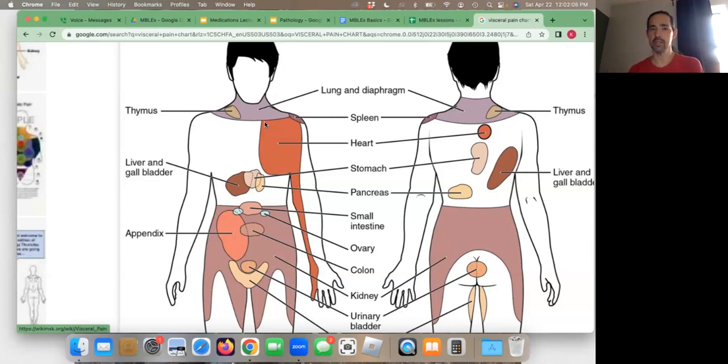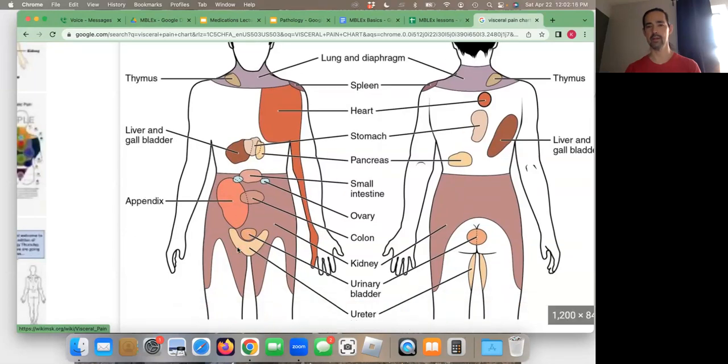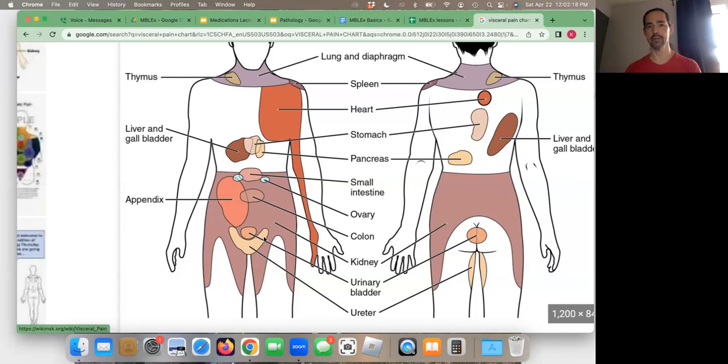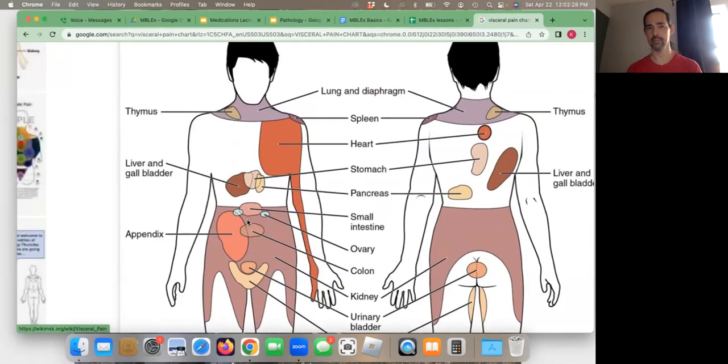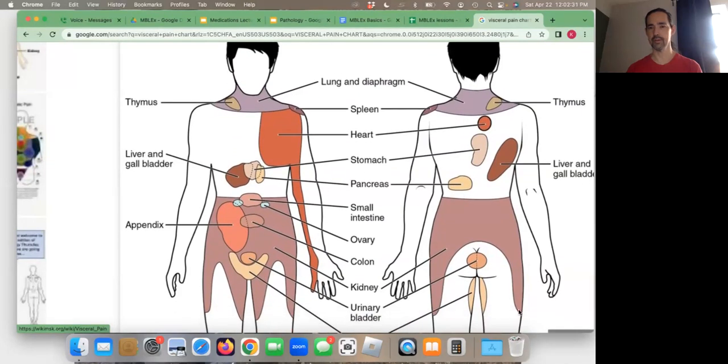So you can see, for example, that some pain referral patterns totally make sense, like the appendix. The appendix is right there, urinary bladder, the ureter right there, the colon, the ovaries, small intestine. Looks like they omitted the uterus. Interesting choice.